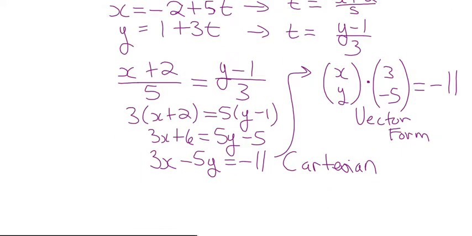Back up. What's the slope of this line? 3 over 5. And what's the slope of this line? Negative 5 over 3. How are those related? They're perpendicular. This is called the normal vector. It's perpendicular. That's the n in r dot n equals d. Okay, moving on.